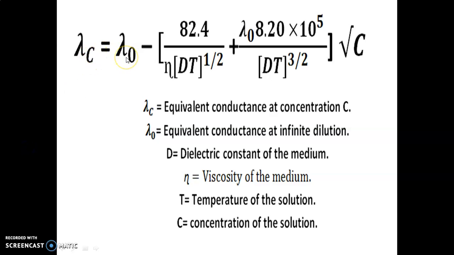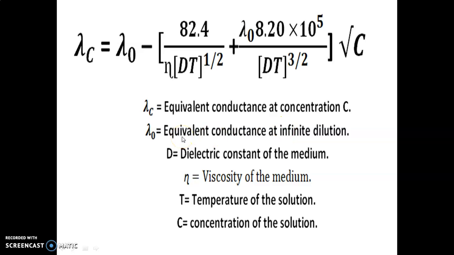Lambda c is equal to lambda naught minus (82.4 divided by eta (DT)^(1/2) plus lambda naught into 8.20 into 10^5 divided by (DT)^(3/2)) root c, where lambda c is equal to equivalent or molar conductance at concentration c.